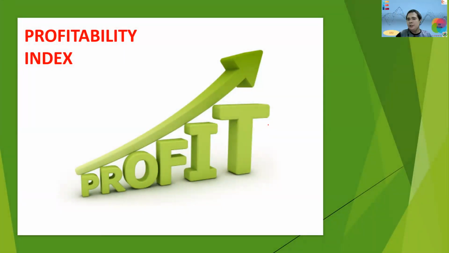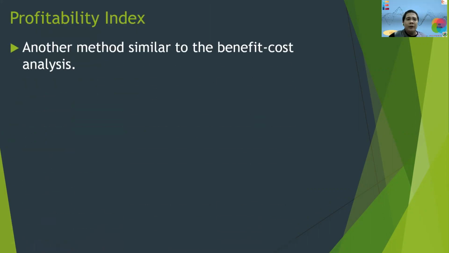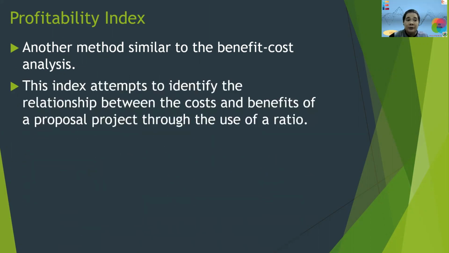Next, let's discuss profitability index. The profitability index is actually more like the benefit cost ratio, but it has its differences. Profitability index is another method similar to the benefit cost analysis.